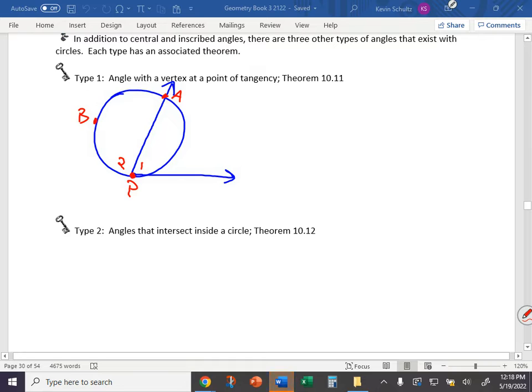Okay. And when you've got a tangent and a secant, this would be the tangent-secant combination.